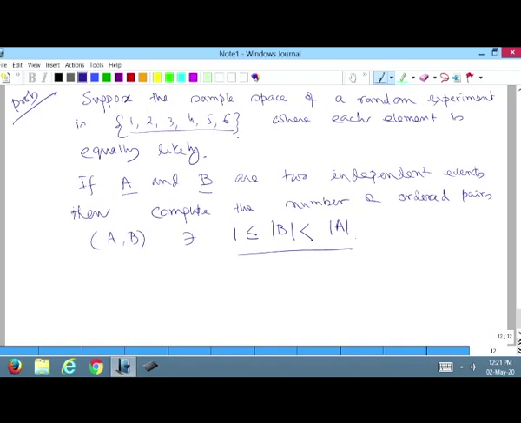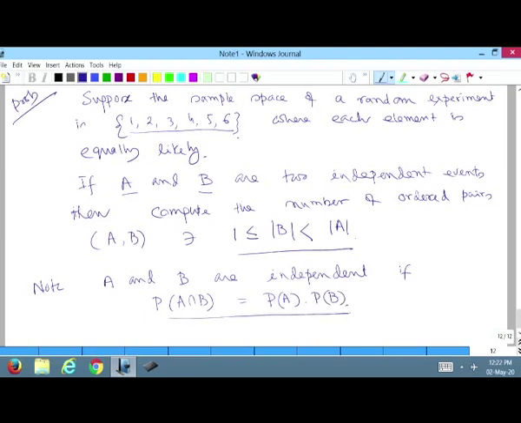How to solve it? Note A and B are independent if probability of A intersection B is equal to probability of A into probability of B. Illustration.